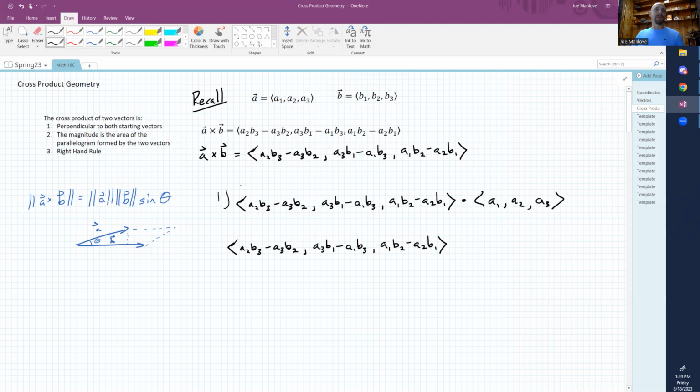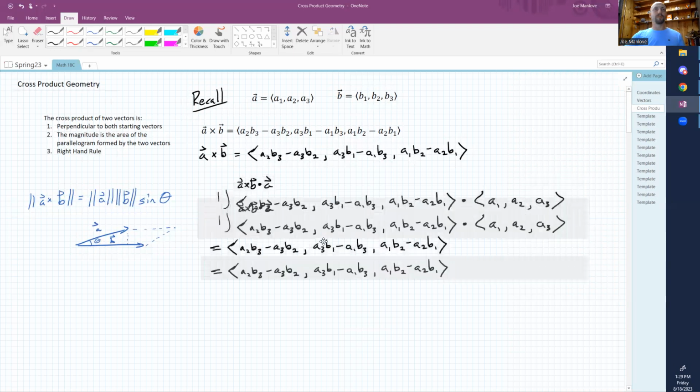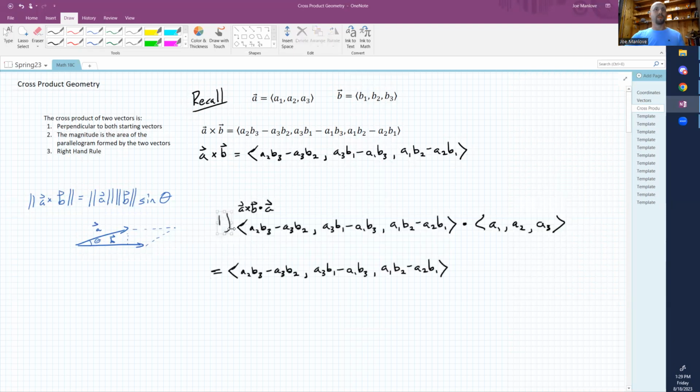So this is going to be A cross B dotted with A. I just want to rearrange the way this looks a little bit. So we're talking about thing one: A cross B dotted with A. I wrote it out component-wise, and now I'm going to actually do this calculation.